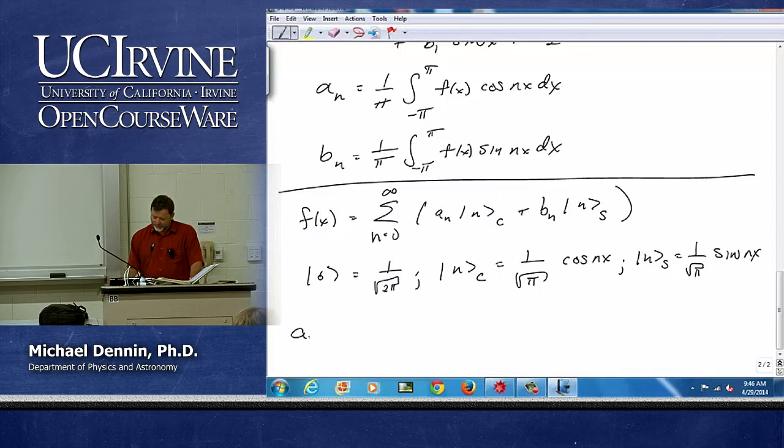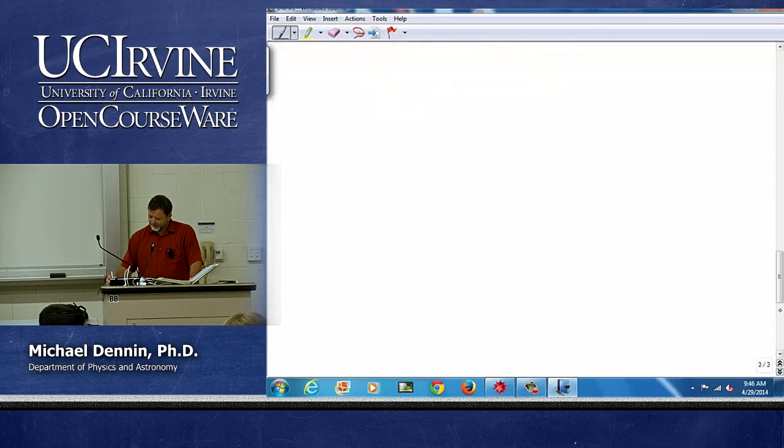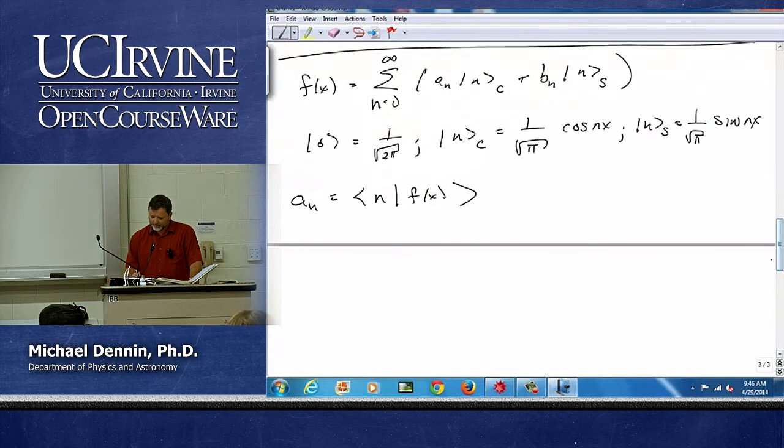And to get our coefficients, we just use the inner product. And in fact, my notation is such that I could use the same inner product for a_n and b_n, but let's be specific.